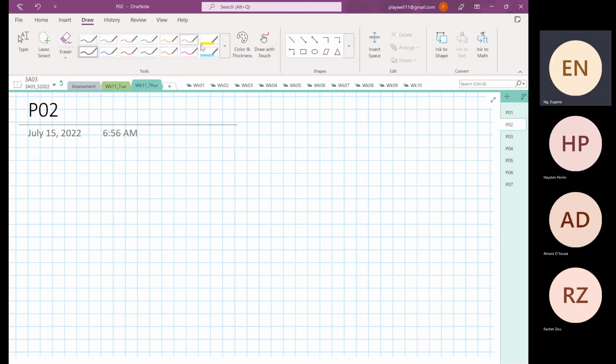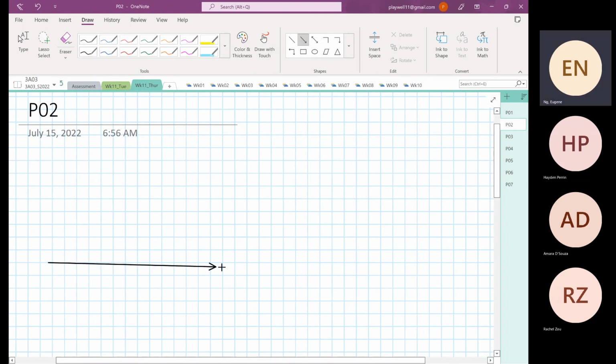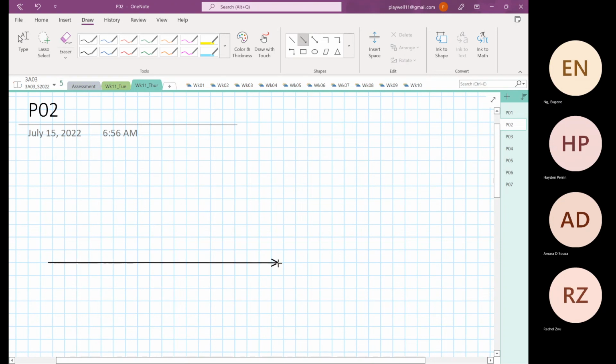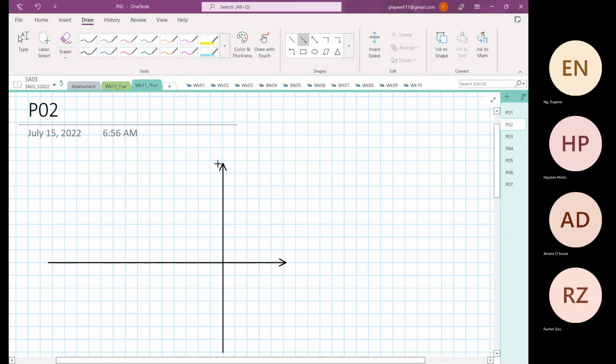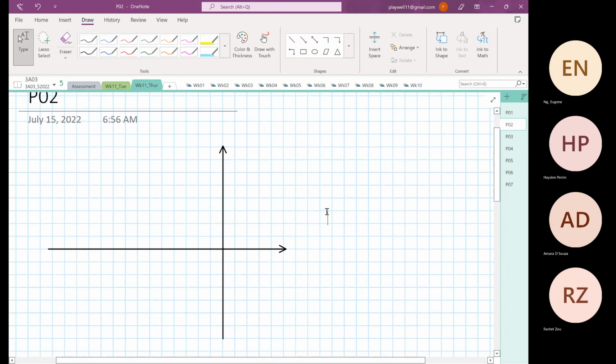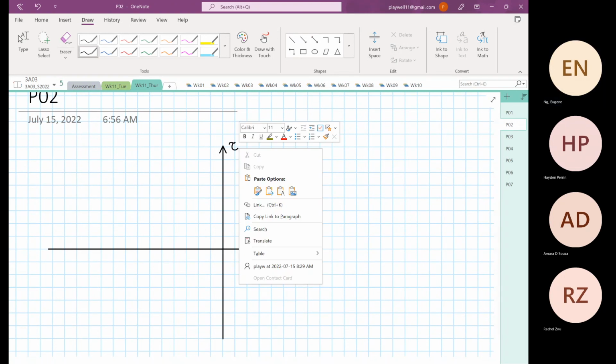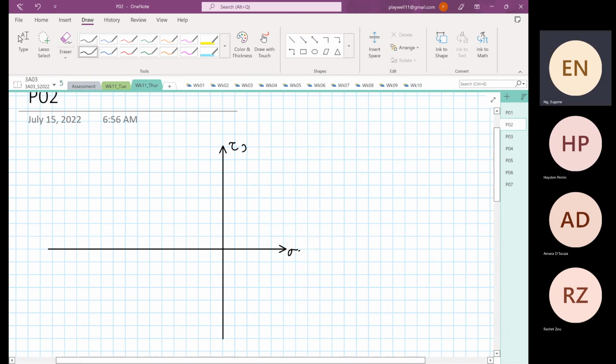Again, this is just a sketch. This is our normal stress, and this is our shearing stress. Element rotate clockwise, element rotate anti-clockwise. Here is our 0.